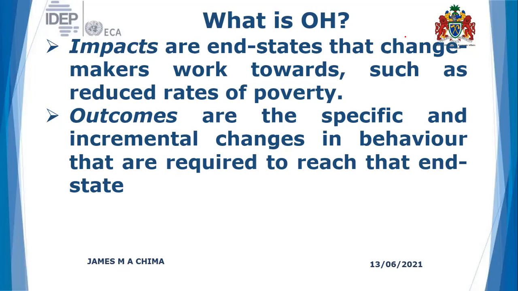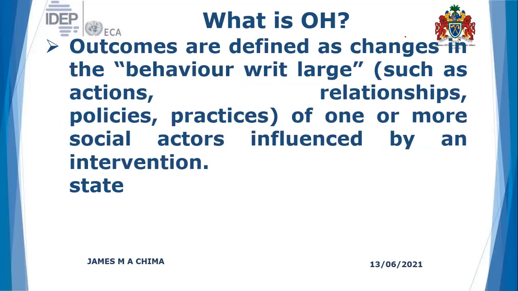So both outcome mapping and outcome harvesting are focusing on the social change of things. Outcomes are defined as changes in the behavior writ large, such as actions, relationships, policies, and practices of one or more social actors as influenced by the intervention that has been implemented.